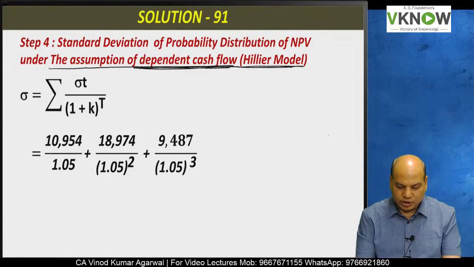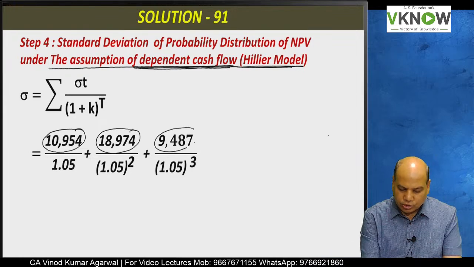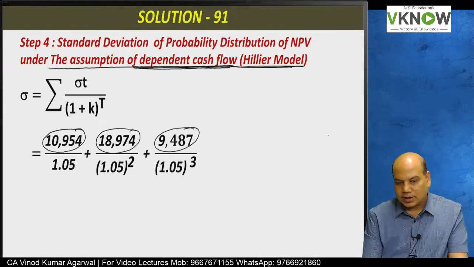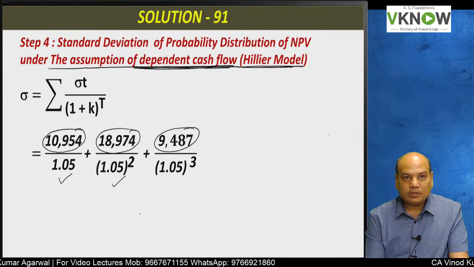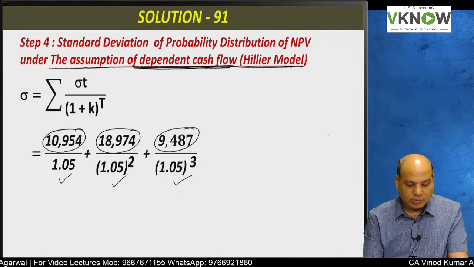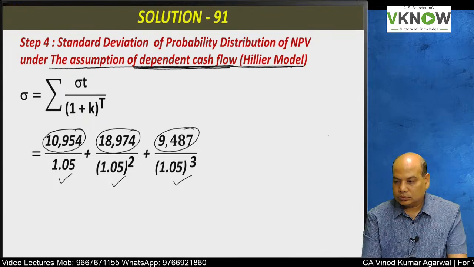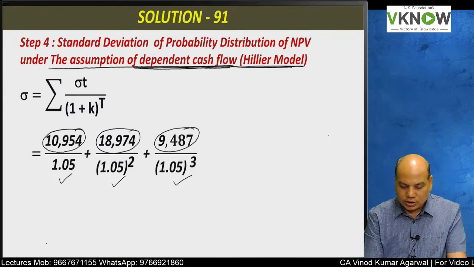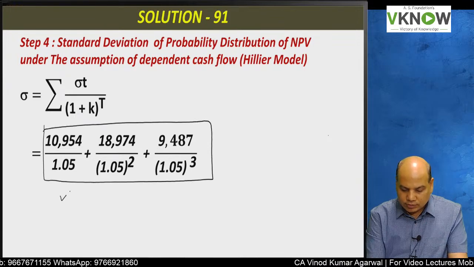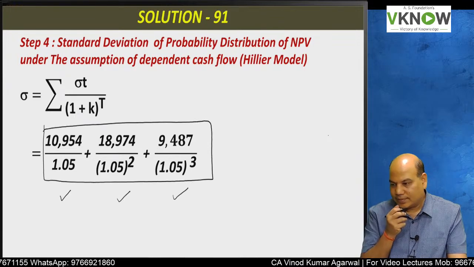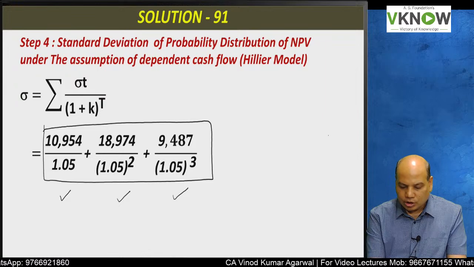Now you have to go to the previous table. These were the standard deviation of year 1, year 2, year 3. Divide by 1.05, divide by 1.05 square, divide by 1.05 to the power 3. Now at least solve this and give me the answer. First solve one by one, then add it, then you will get the answer.